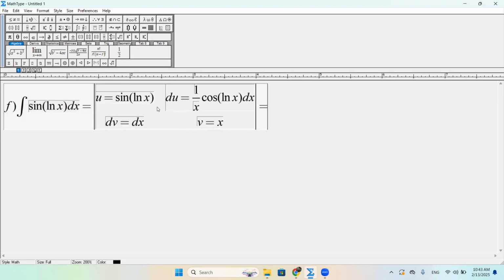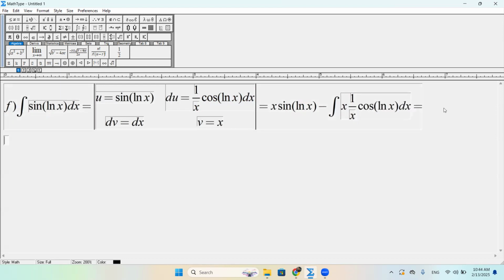Now let's integrate by parts. What do we have? x multiplied by sine of logarithm x minus this integral, x multiplied by this.